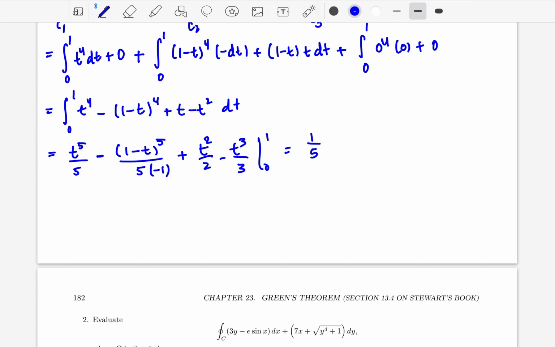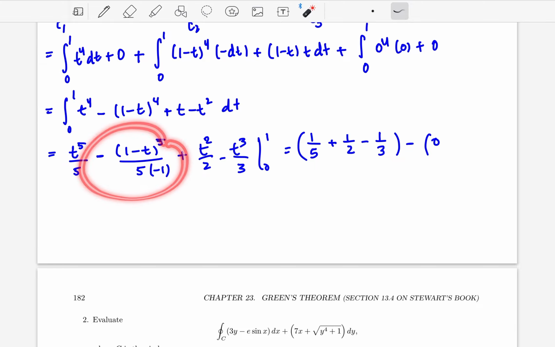And then here, if I plug in 1, that goes away. And then I have plus 1/2 minus 1/3. Perfect. And then if I plug in 0, then this goes away. So this is that minus 0, and then this is minus 1 over 5, right?